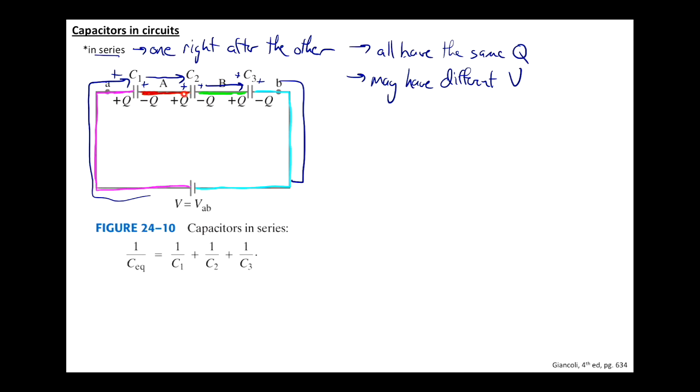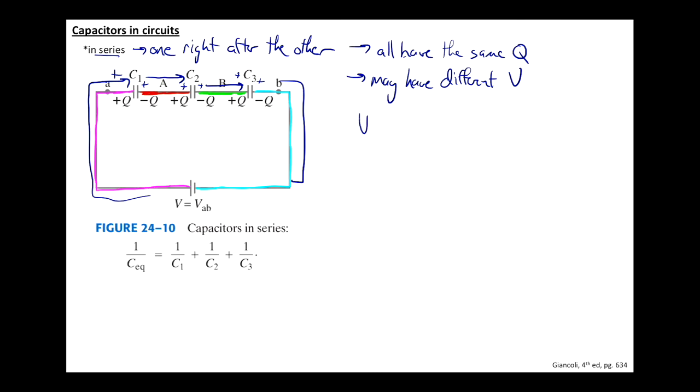Somehow, through these other connections, I have to get my way down to that lower potential. Whatever the potential difference is between these two points, plus whatever it is between these two points, plus whatever it is between these two points, has to be whatever the potential is between the total left side and the full right side, okay? In other words, we could write an equation that looks like this.